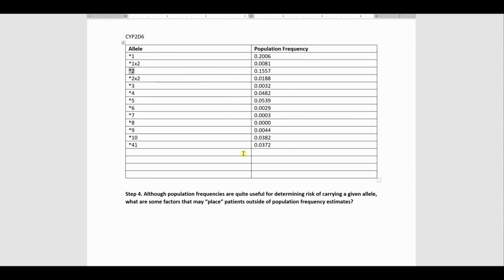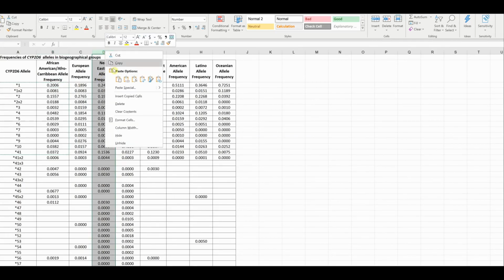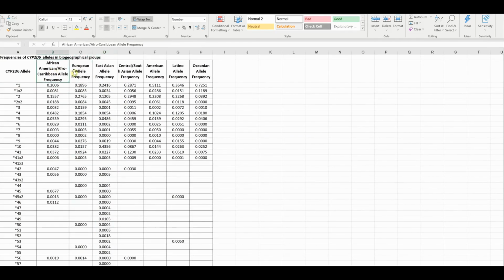So something I think that's always good to notice when you go to the frequency table is comparing them in different populations. And so let's just do a standard comparison between African Americans, Europeans, and East Asians. So for star 1, they're all pretty similar, right?